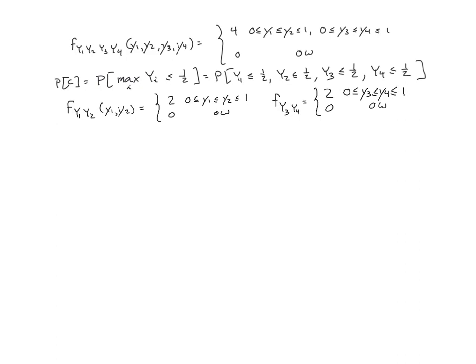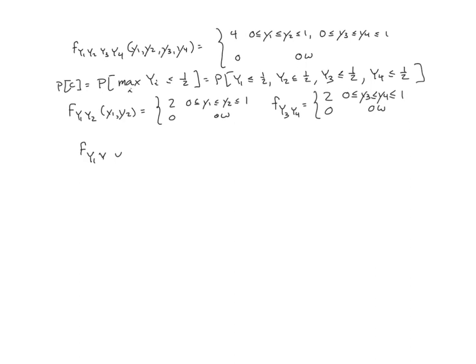And then if you look at these two definitions, you realize that you can write, oh, there's a little mistake here. The joint PDF of y1 and y2 and y3 and y4, you can write it as the product of these two PDFs, a joint PDF for y1 and y2 times a joint PDF for y3 and y4.